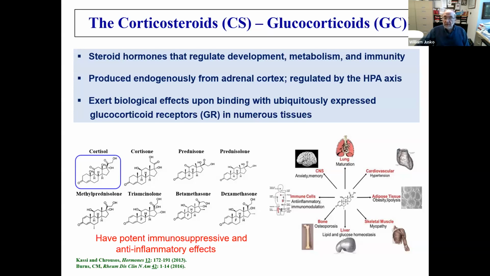Changes in protein, fat, carbohydrate metabolism, changes in body structure. So the steroids have potent immunosuppressive and anti-inflammatory effects, but they have to be dosed judiciously. That's sometimes a problem in giving the steroids to a pregnant woman, and part of the reason for the pursuit of our studies.